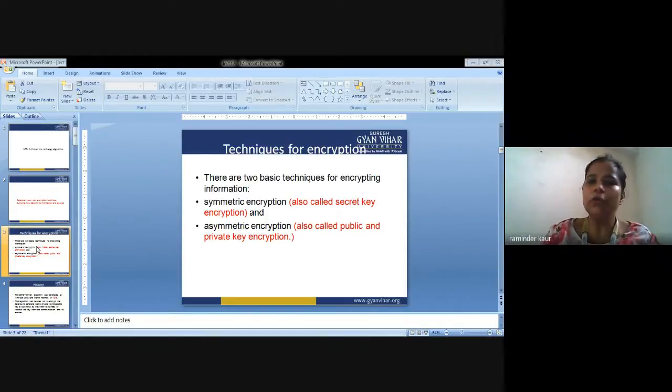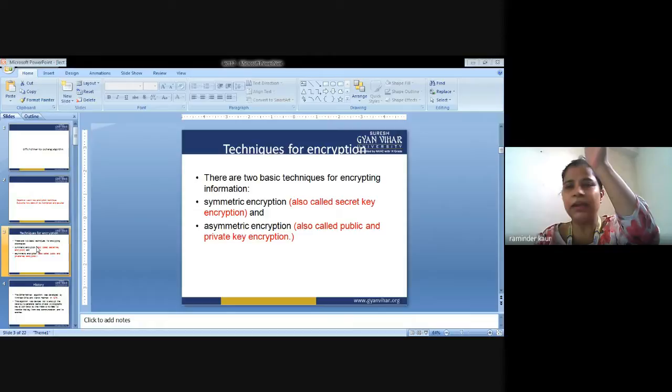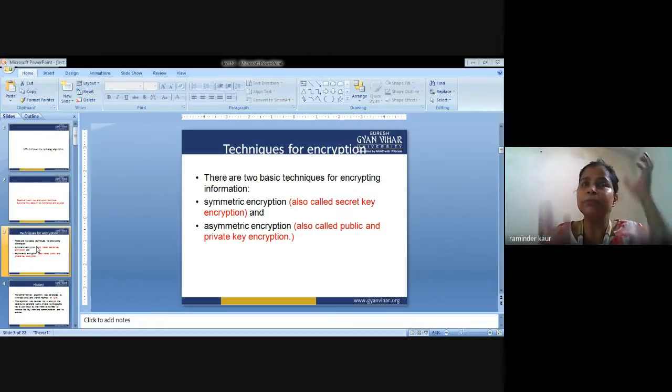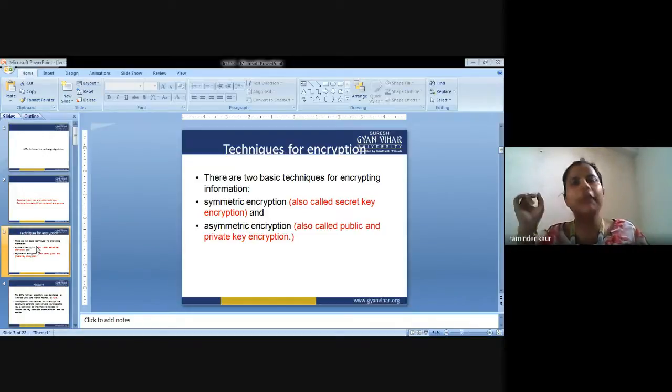The basic difference is that only one key is used in symmetric encryption, available to both parties. In asymmetric encryption, one key is publicly available, but the other is available only to the intended receiver who wants to decrypt the information from the channel.